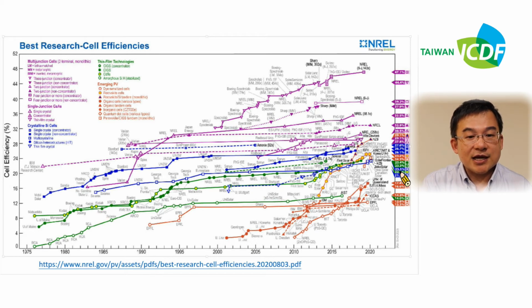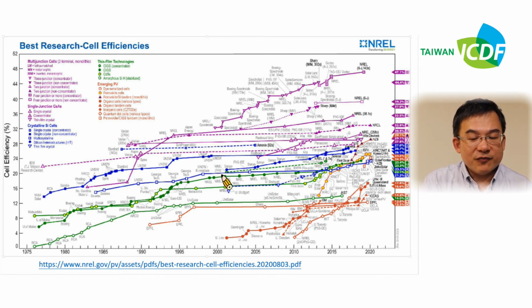But this data is from the laboratory, not from the company. So if you buy a solar cell from eBay or from the market, maybe the efficiency of that solar cell is not so high. Usually for the company, the efficiency is about 16 to 18%.